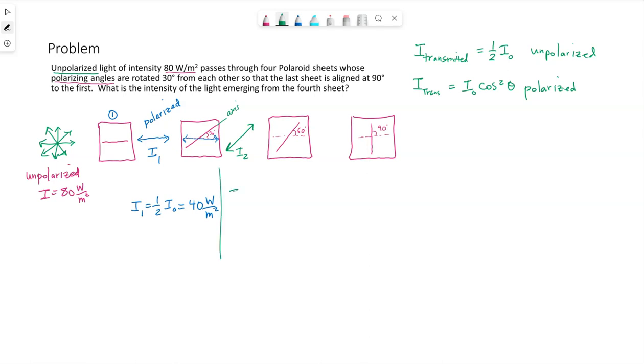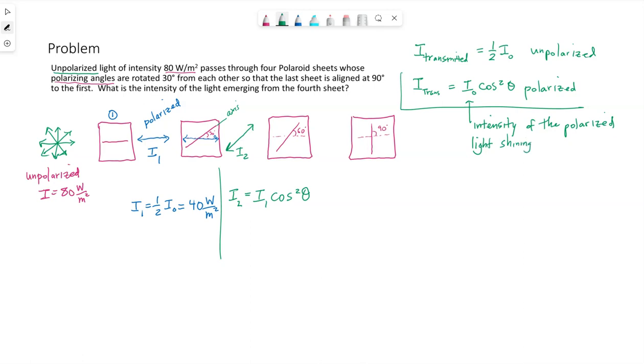But to calculate this, we need to use our second equation. I'm going to write it this way though. In our equation up here, I naught means the intensity of the polarized light shining on the filter. So when I'm looking at this I2, it was I1 that was incident on this filter.